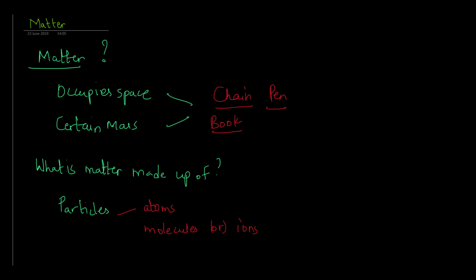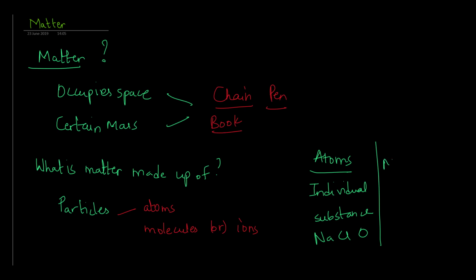What is the difference between an atom and a molecule? Atoms are individual substances which cannot be broken down more. Examples are sodium atom, chlorine atom, or oxygen atom.